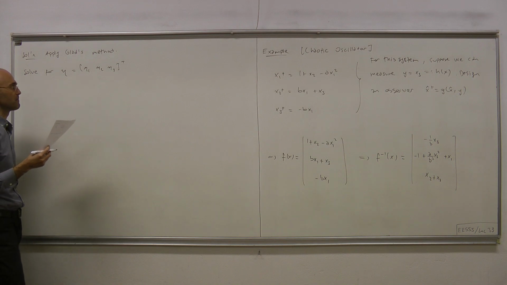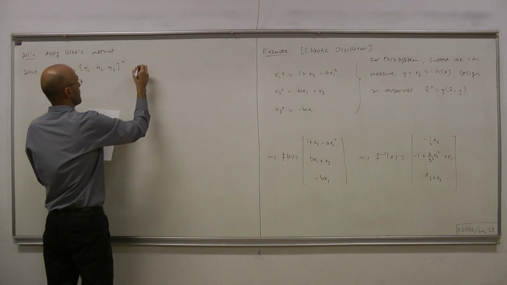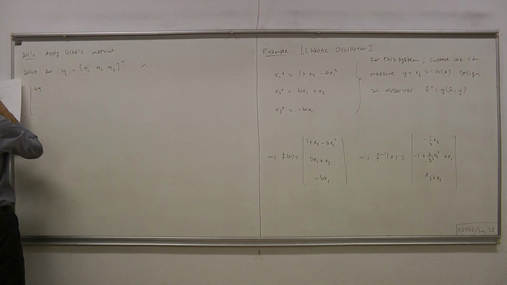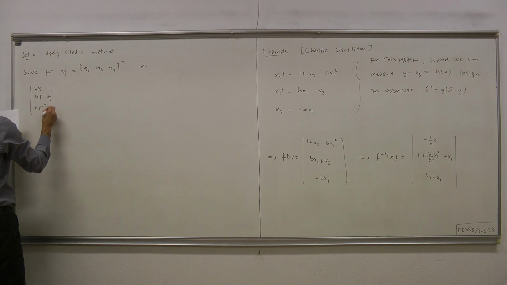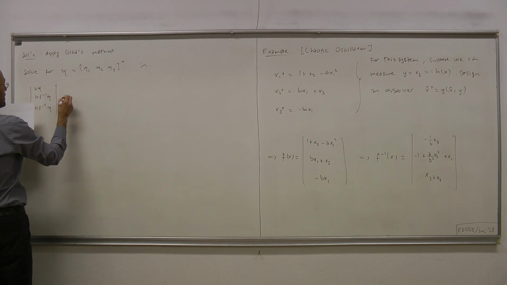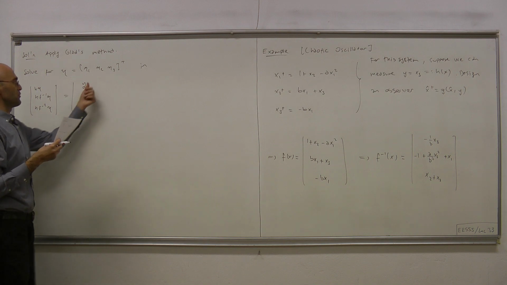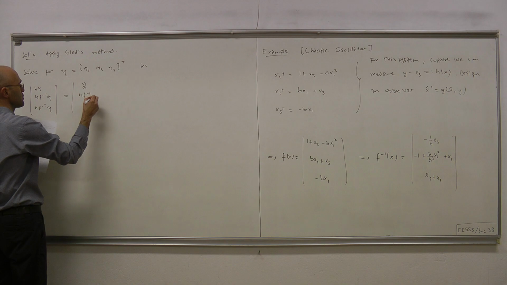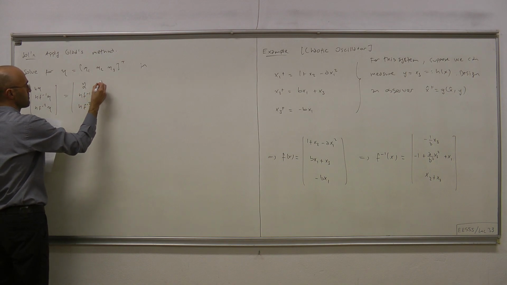This is our eta vector. In H eta, H f inverse eta, H f double inverse eta equals, okay, the very first entry is the measurement y, and then the remaining two entries are H f inverse x hat, H f double inverse x hat.